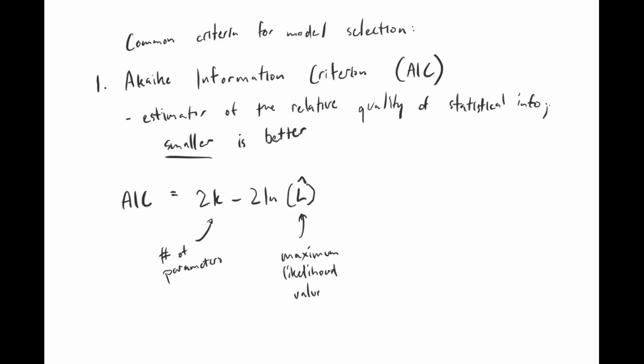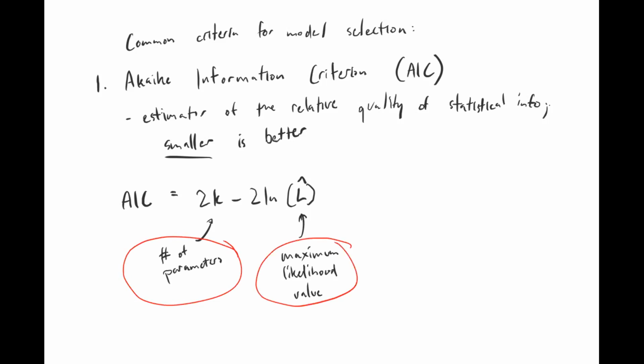Don't worry too much about the theoretical nature of this. But the important concept to understand is that it is essentially a balancing act between model complexity, the number of parameters, and how well it's predicting.